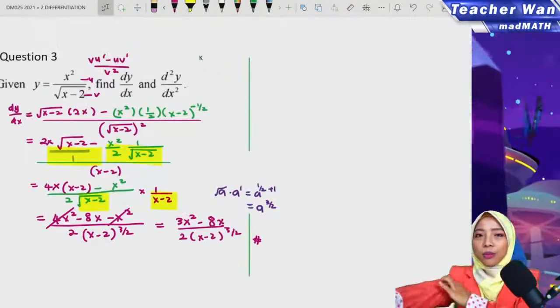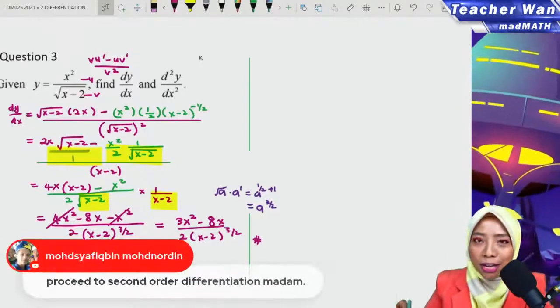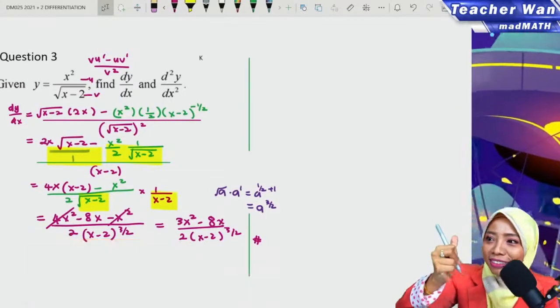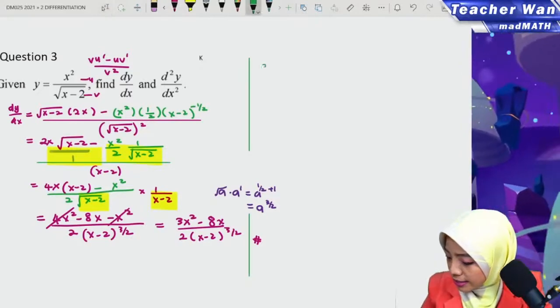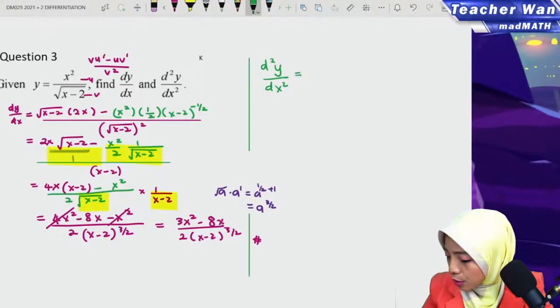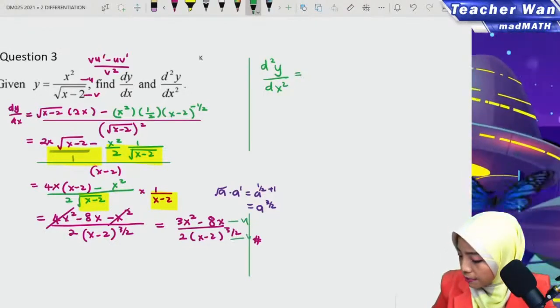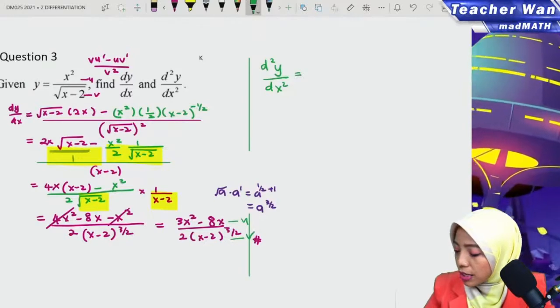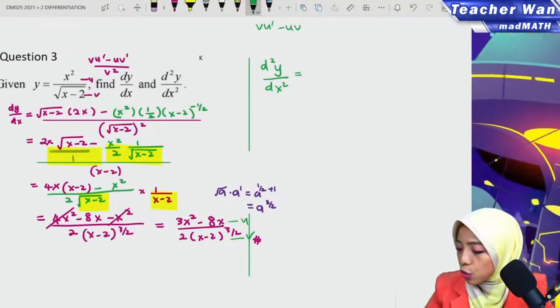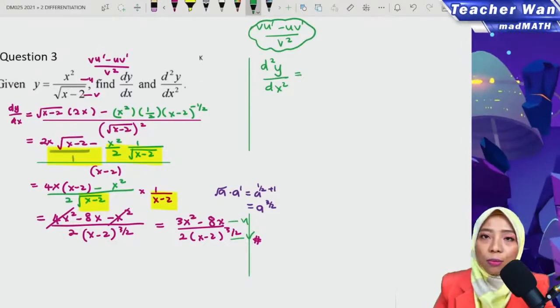Let's do this together with me. d squared y over dx squared equals, so this is our u and this is our v, for the formula (v u prime minus u v prime) over v squared. Don't forget the formula there.